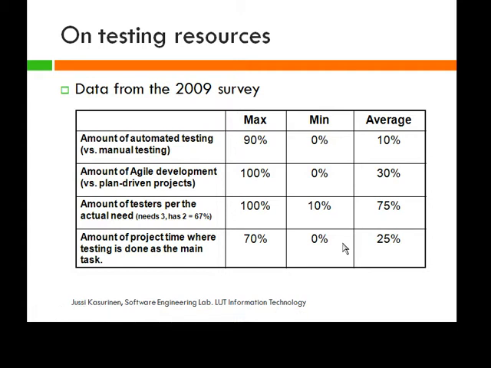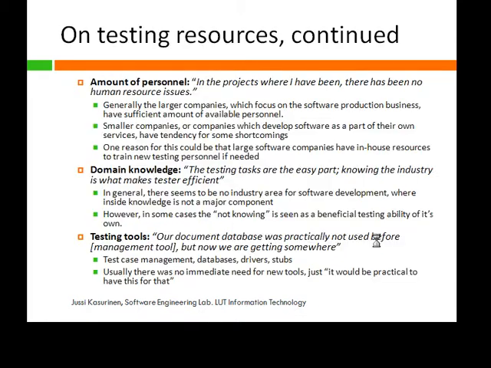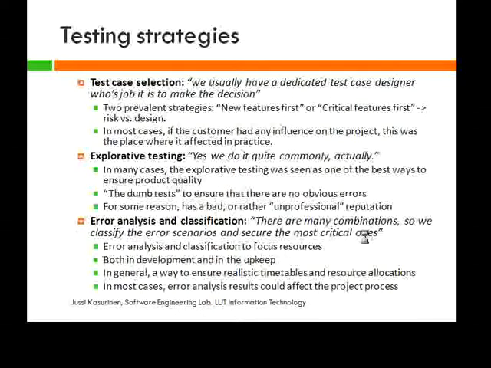Those numbers are actually higher than was originally considered, and especially the 75% of the testing resources is important because the literature suggests that 20% is enough to get an acceptable amount of testing. So 75 is actually quite much. Let's keep going forward a bit.